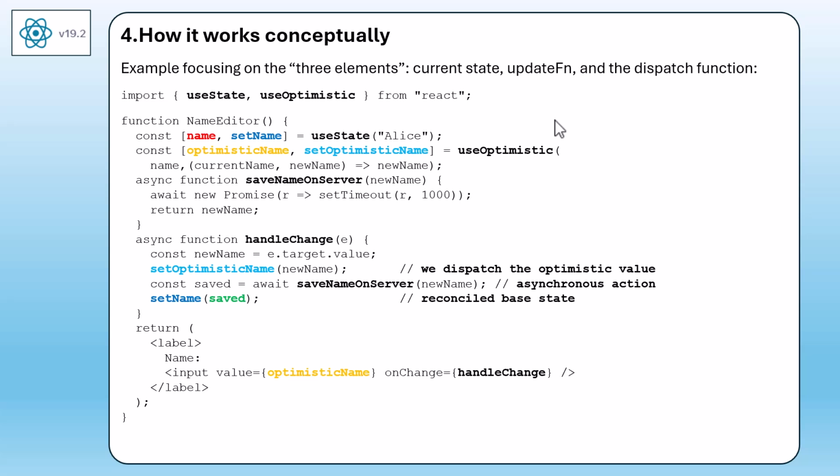When you call the dispatch of the optimistic update, you pass that optimistic value, the hook computes the new optimistic state and the UI renders that. Meanwhile, the actual asynchronous action is kicked off. When the action resolves, you reconcile the base state, for example by replacing it with the actual server-returned value, or roll back if needed. The important piece is that the user sees the update immediately, and the hook ensures state stays consistent.